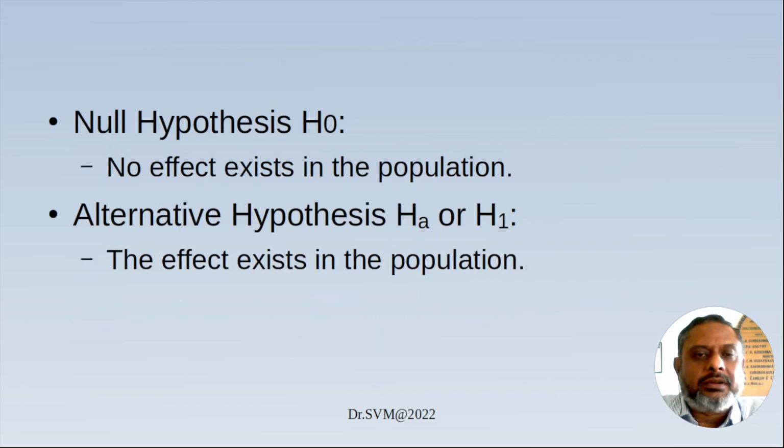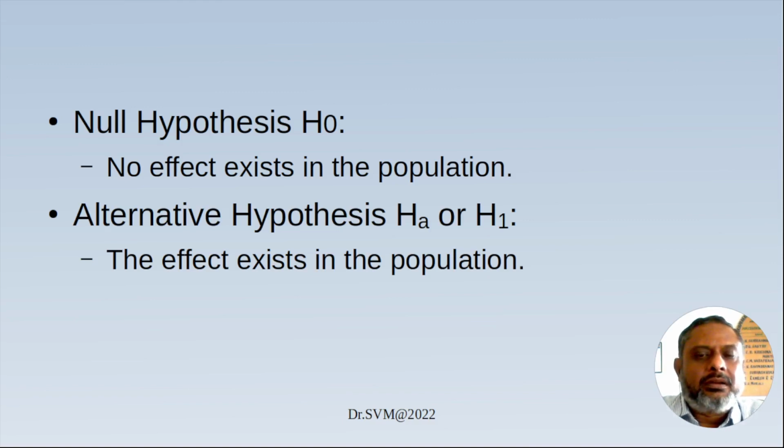statistically significant. So null hypothesis, usually represented as H0, says no effect exists in the population. And alternative hypothesis, denoted HA or H1, says that the effect exists in the population. We are talking about some effect.